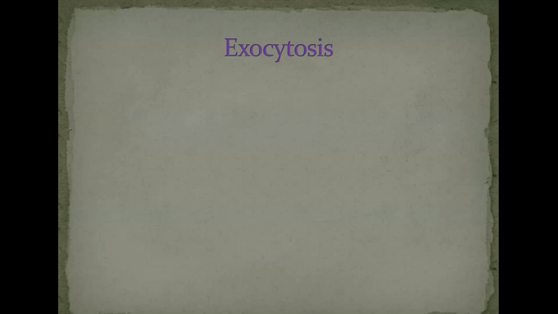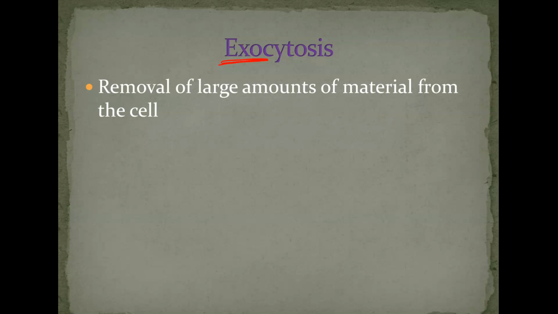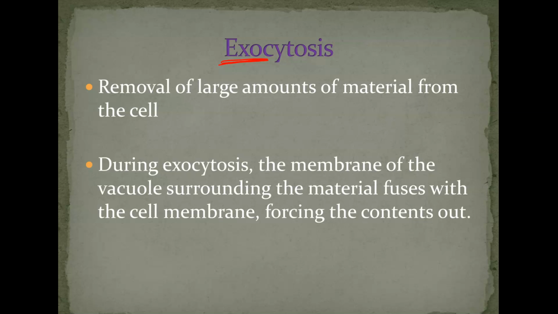Our next type is exocytosis. It sounds like exit, so in this case, we're going to be leaving the cell. So removal of large amounts of material from our cell here. So during exocytosis, the membrane of our vacuole or our vesicle fuses with our cell membrane and pushes that material outwards.